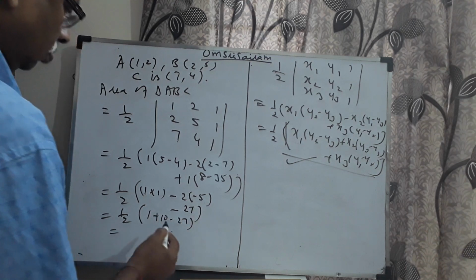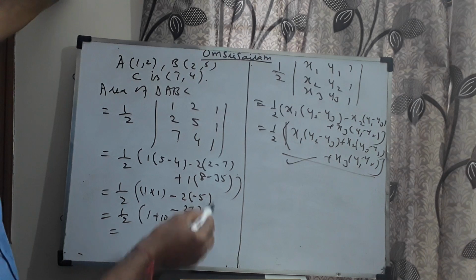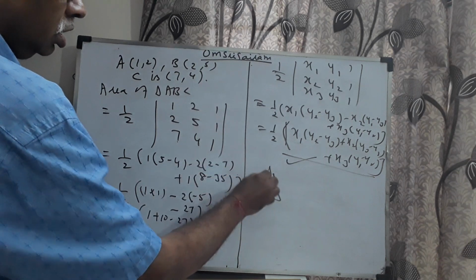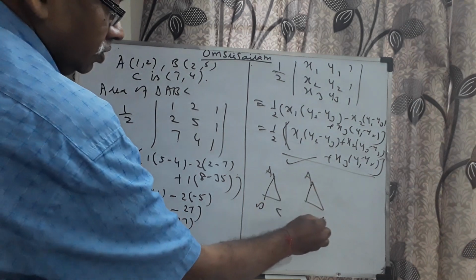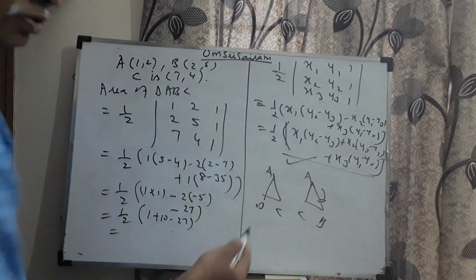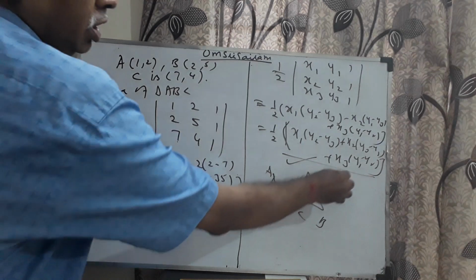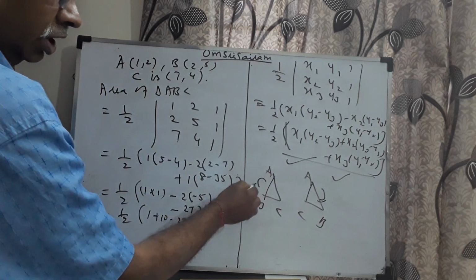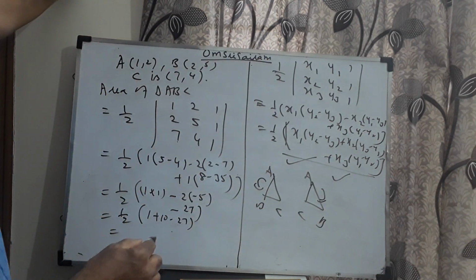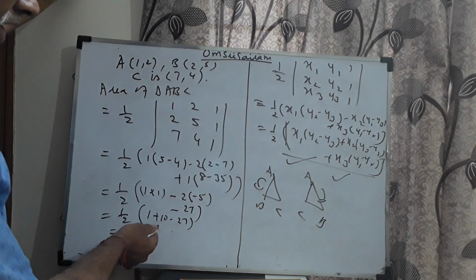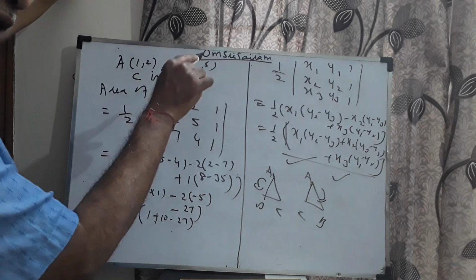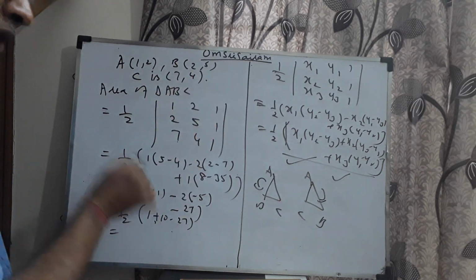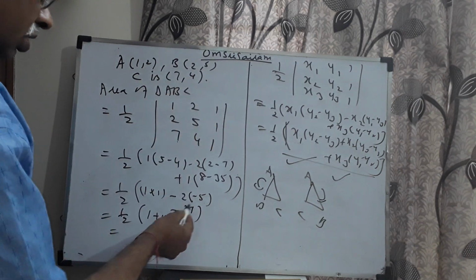Finally, I'll take the modulus sign, because if the vertices are in the clockwise direction, the reduction will be negative. If the vertices are in the anti-clockwise direction, the reduction will be positive. So I end up with a negative value here, since the vertices are in the clockwise direction. Therefore, finally I'll take the modulus sign.